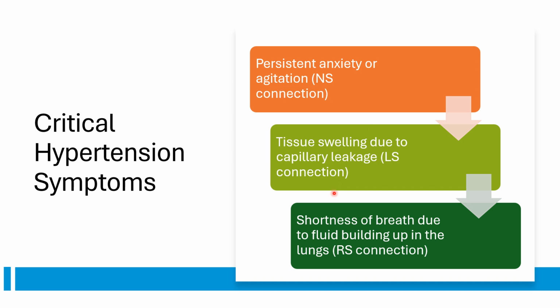And then that swelling can also cause fluid to build up in the lungs if the lymphatic system brings that fluid to the thoracic cavity. And there you have a respiratory system connection where shortness of breath as a symptom can be linked back to hypertension. So these three things should be associated with a very, very high blood pressure and should probably make sense to you by now about why.